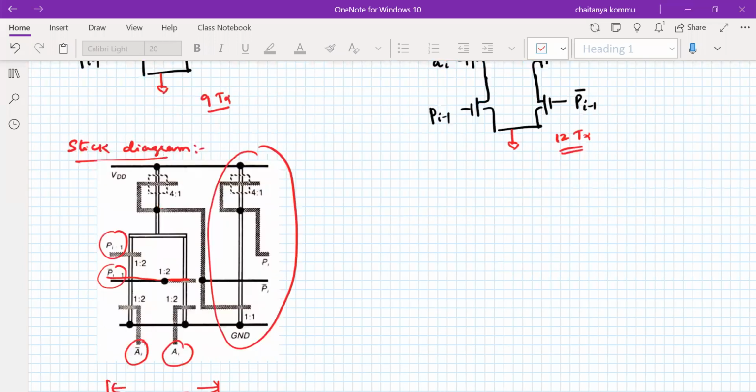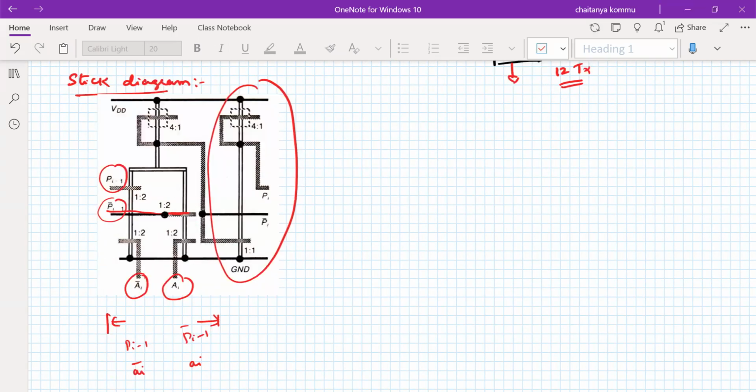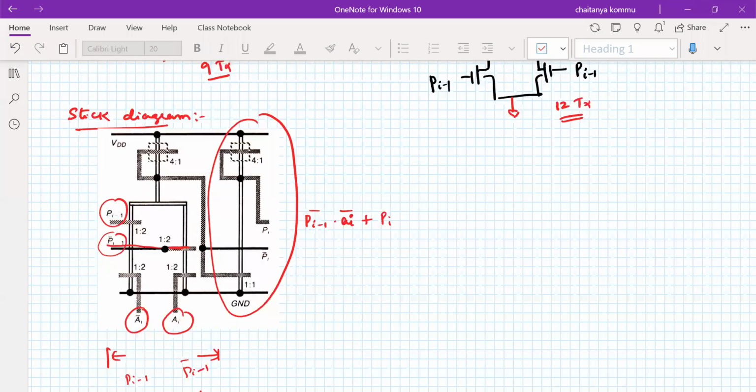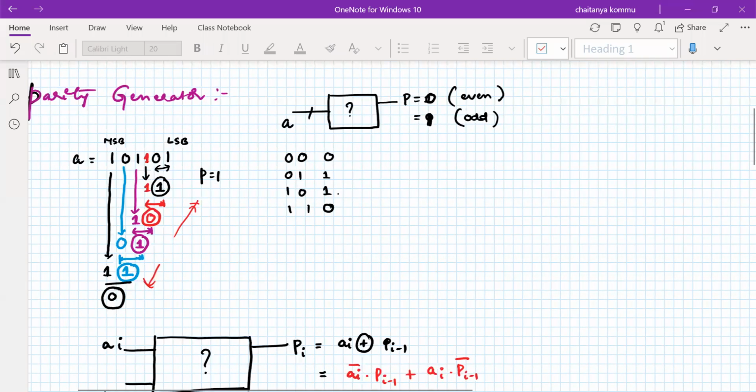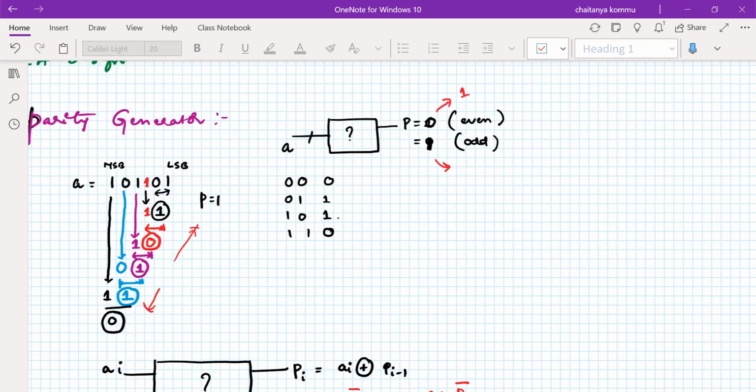Therefore, please remember that here PI minus 1 bar into AI plus AI bar, now what will be the output here? The XOR gate they have considered, right? So they have considered the XNOR gate, because in the textbook they mention that this is logic 1 for even, logic 0 for odd.